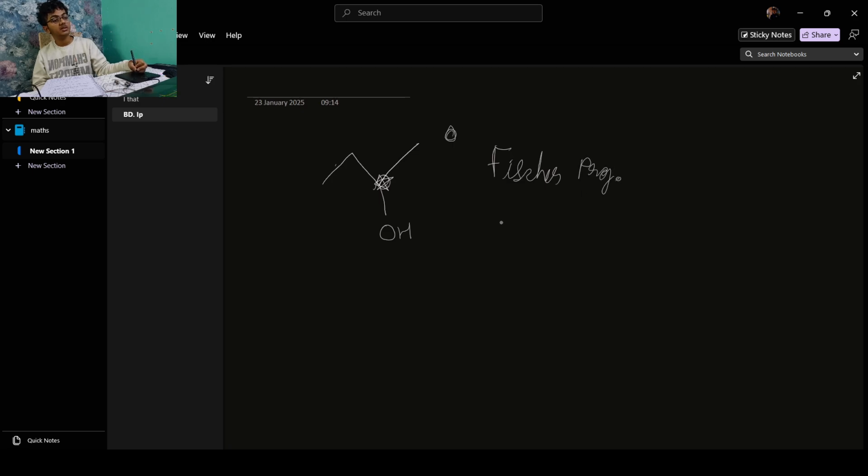Fischer projection is just a simple way of representing this. In what way are the bulky groups situated? For example, if I were to write this, let me give you a question: I, H, F and Cl. We'll keep this for later.